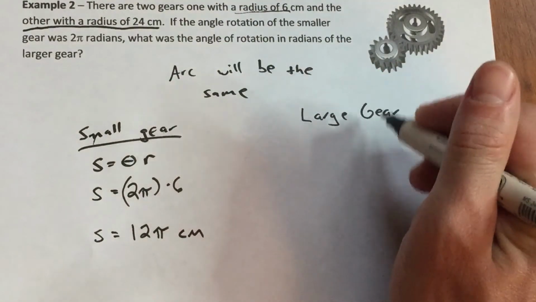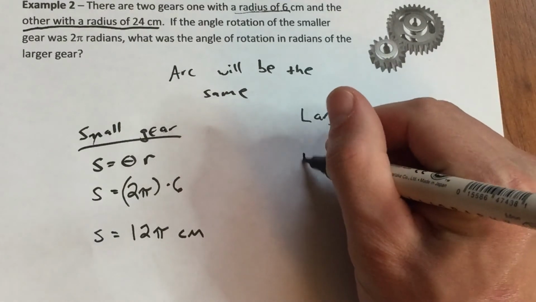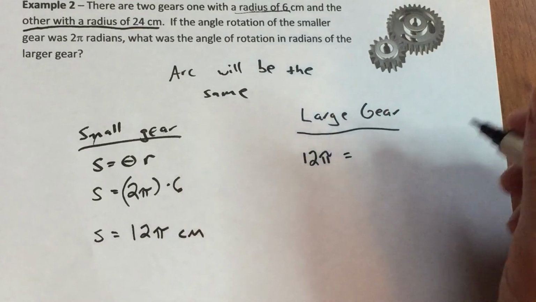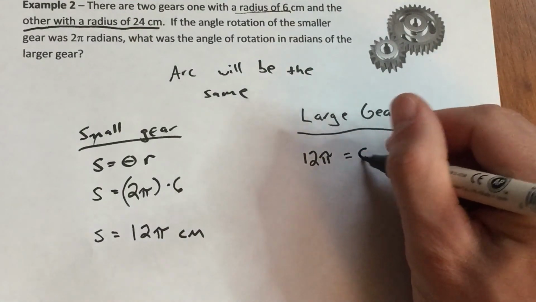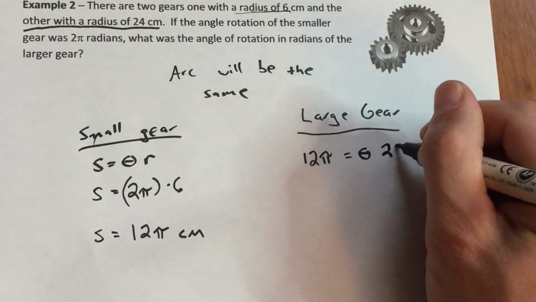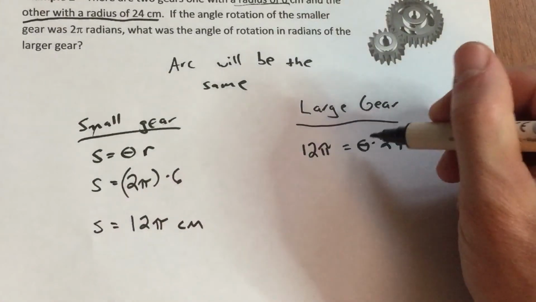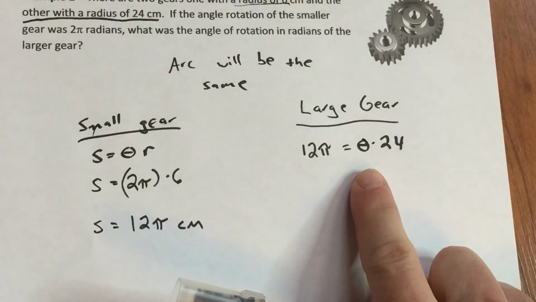So knowing that my large gear has an arc length of 12 pi, it also has a radius of 24, we simply don't know the angle. So we don't know this theta, right? We're solving for theta.